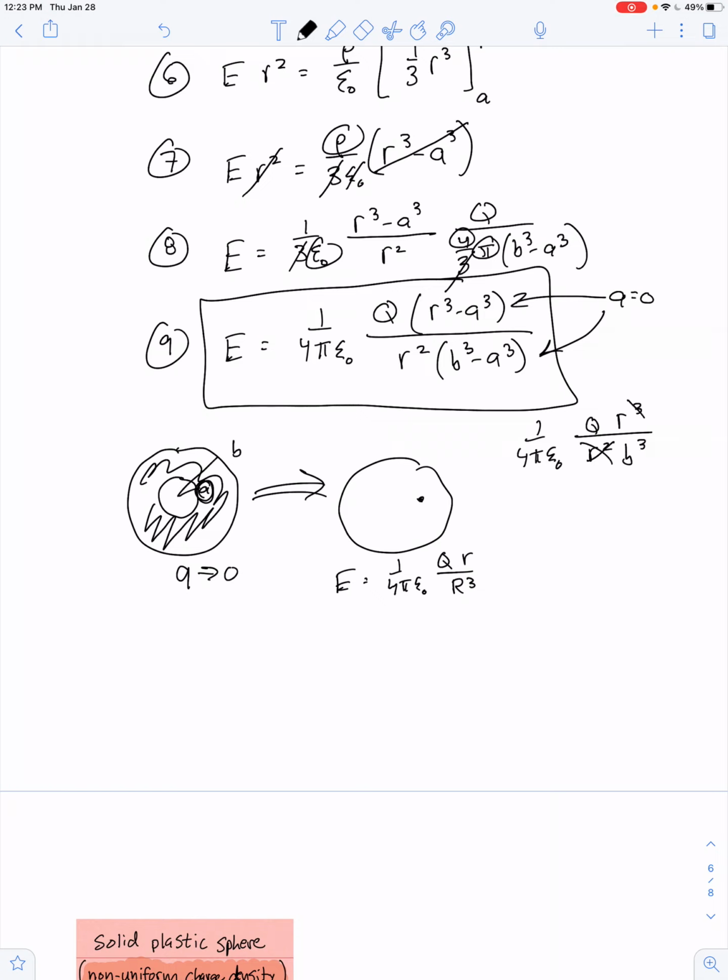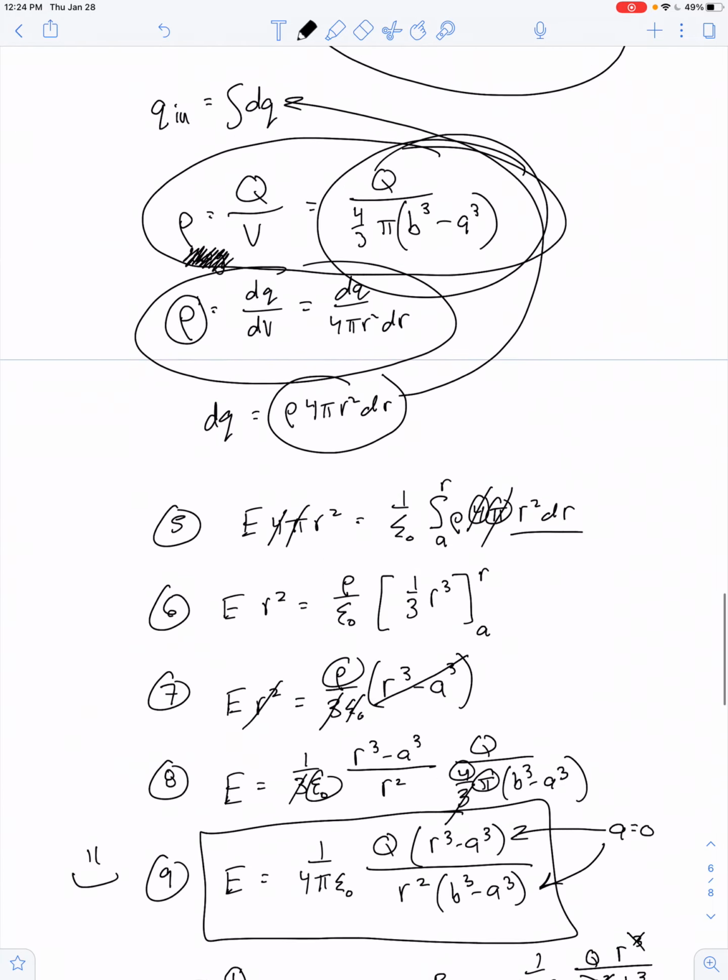The r squared and 2 powers of r cancel out here, and what we're calling B in this diagram, we would almost certainly call capital R in this diagram. So yeah, it ends up giving us the same thing, which means I have a pretty good suspicion that we have derived the correct expression.